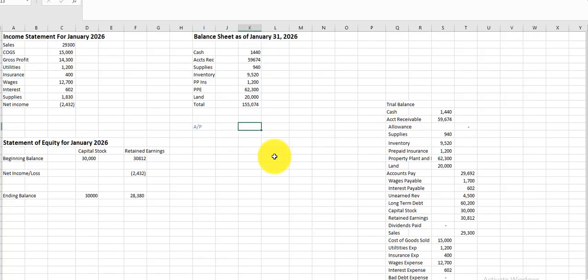Accounts payable. Unearned. And there's all your liabilities. Let's do a total there.